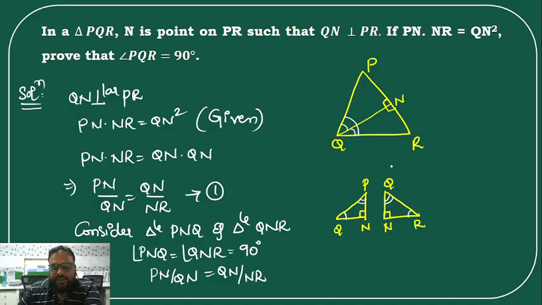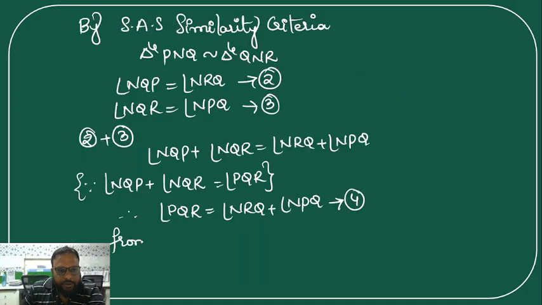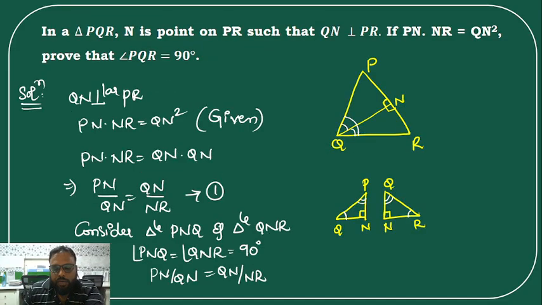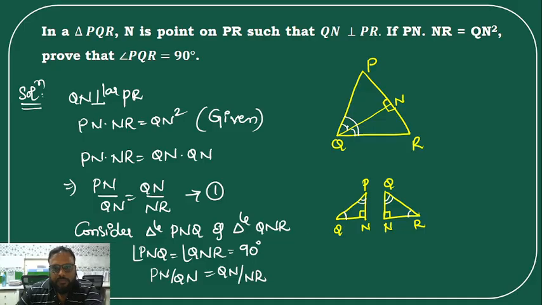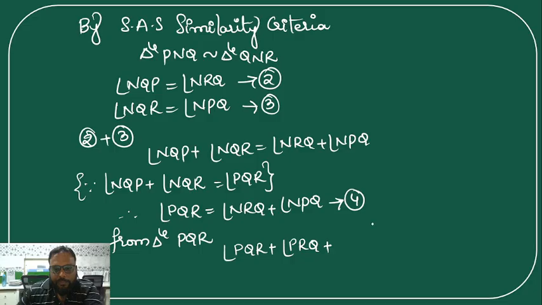Now, PQR is a triangle. From triangle PQR, what can you write? Sum of the three angles is 180 degrees. That means angle PQR plus angle PRQ plus the remaining angle RPQ is equal to 180 degrees.